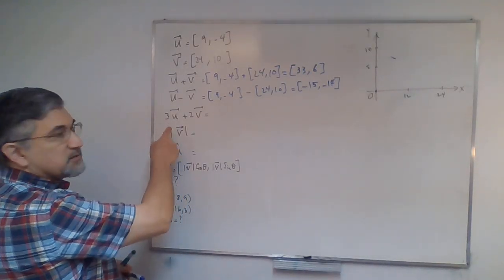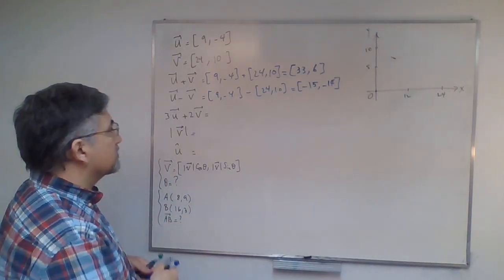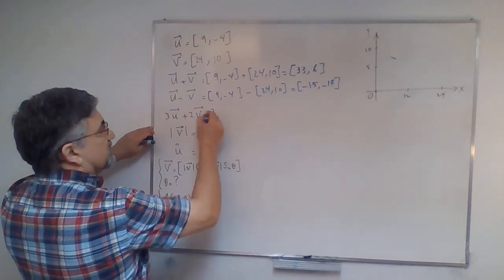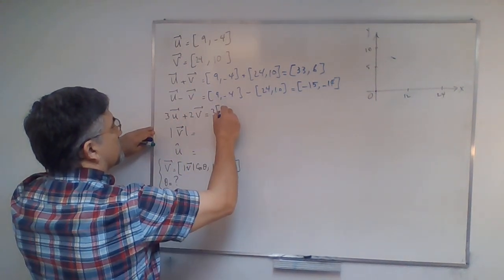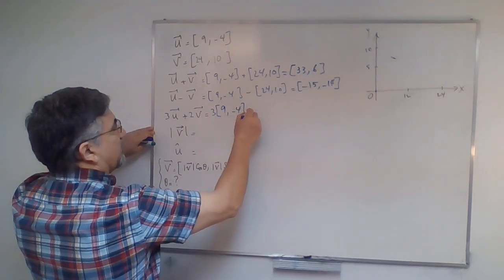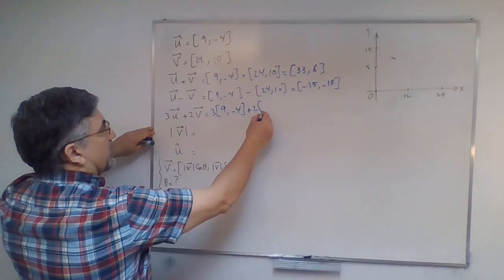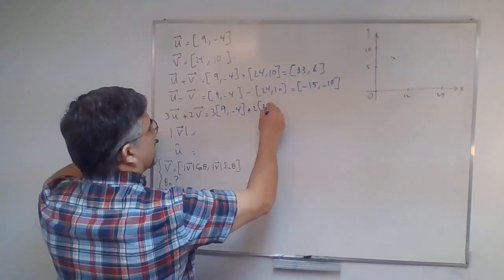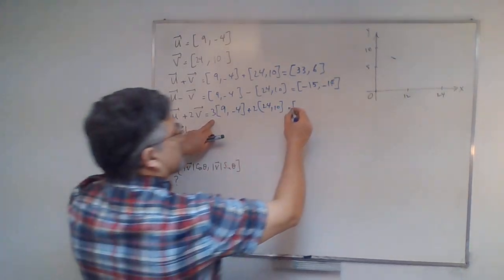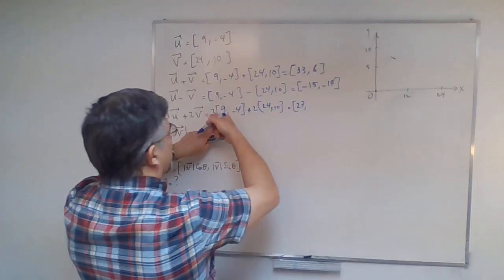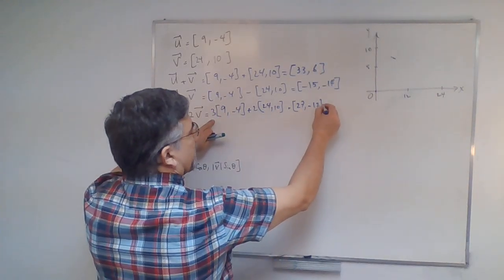Then it says 3 times vector u plus 2 times vector v. So we have a scalar 3 that has to be multiplied by vector u, and we said that we have to multiply by every component, and 2 times vector v, 24, 10. So this would be 3 times 9, 27. 3 times -4 is -12.